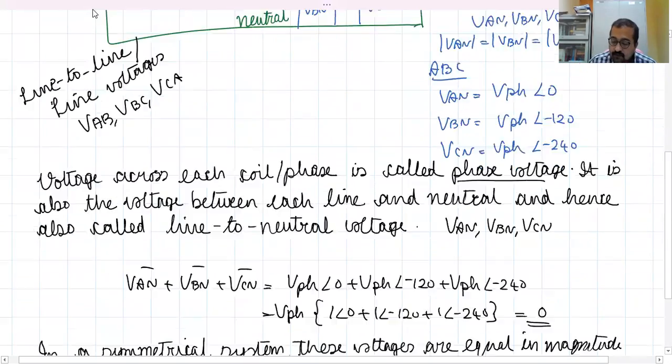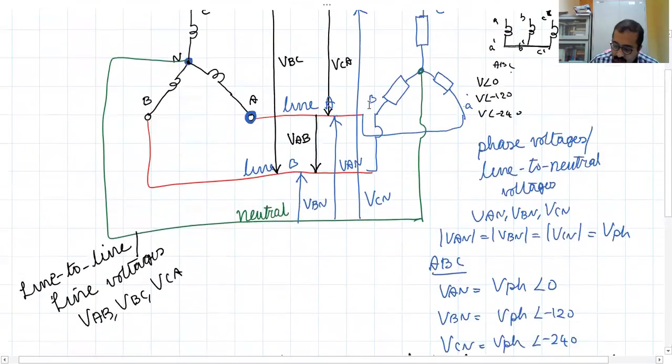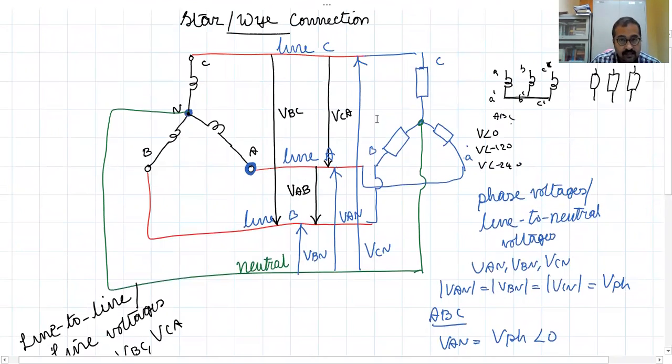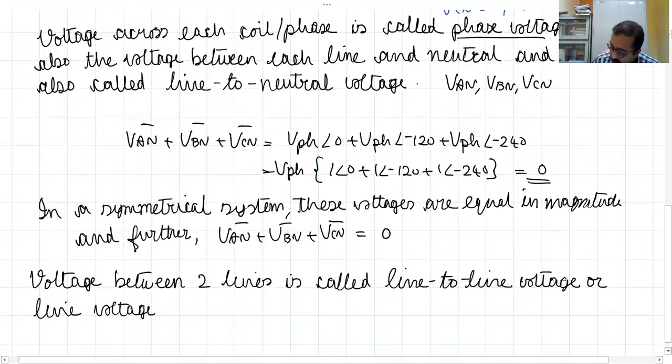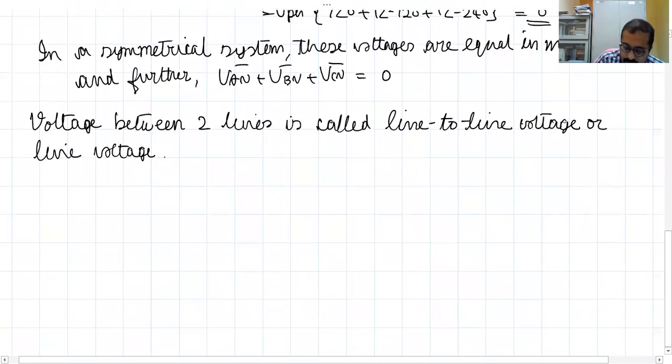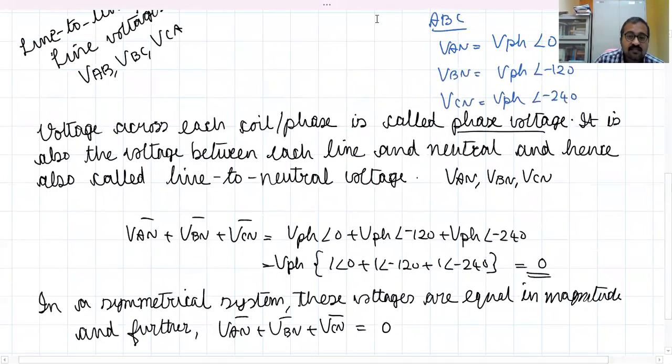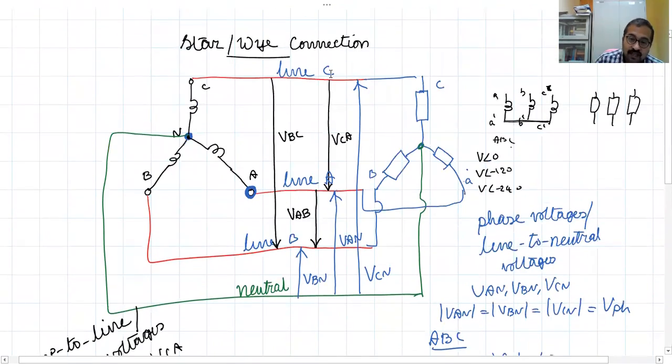Okay, so what are the line voltages here? The line voltages are VAB, VBC, and VCA. Now a relationship exists between the line voltage and the phase voltage.